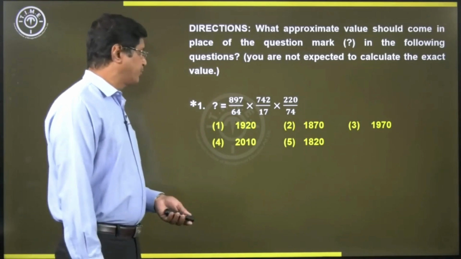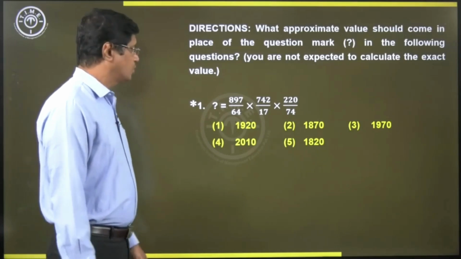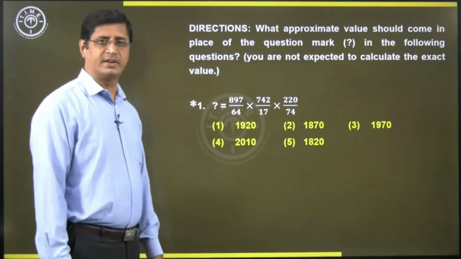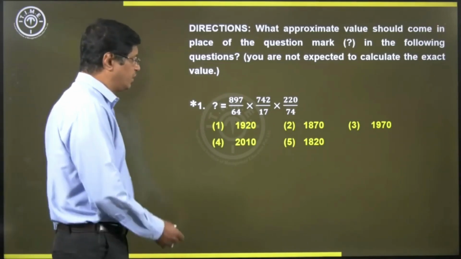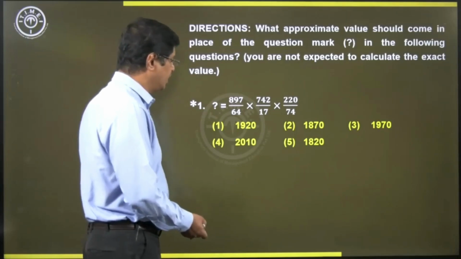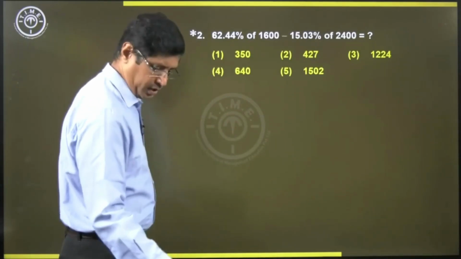Now, look at the first example. 897 divided by 64, 742 divided by 17, 220 divided by 74. My dear student, if you observe this carefully, it does not go exactly, it is approximately.